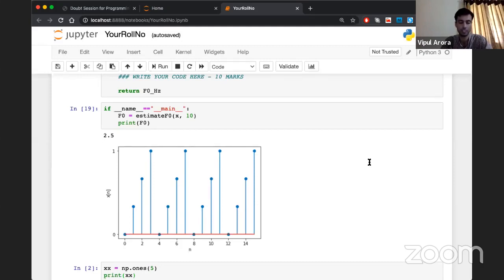If it has 16 bits, then it cannot save a number such as 2 to the power 17, because it does not have that many numbers. So int16 can have only minus 32768 to plus 32767. That is the limited range. That's why we normalize our range to match this range.